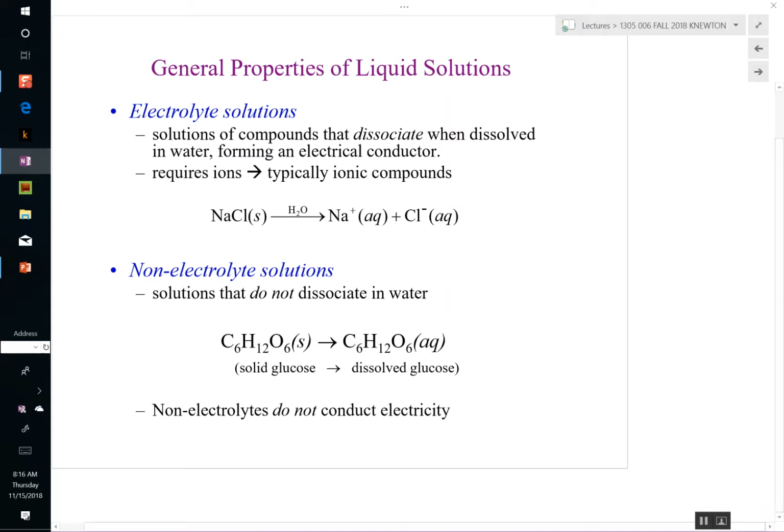All right, this is an important concept, and lean on Newton here to understand this, because I do think there's a Newton assignment on electrolyte and non-electrolyte solutions.